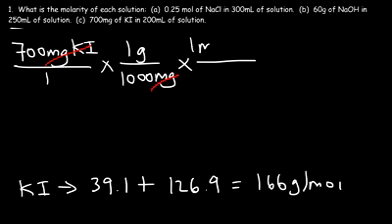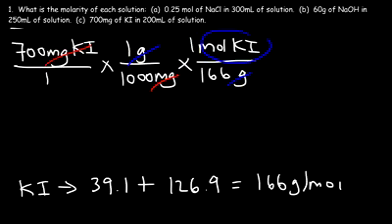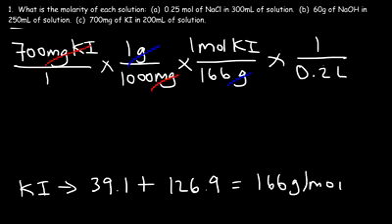So 1 mole of KI has a mass of 166 grams. Now the last thing we need to do is take the moles divided by the number of liters in the solution. So 200 milliliters, if you divide that by 1,000, that's 0.2 liters. And so that's going to give us the answer.